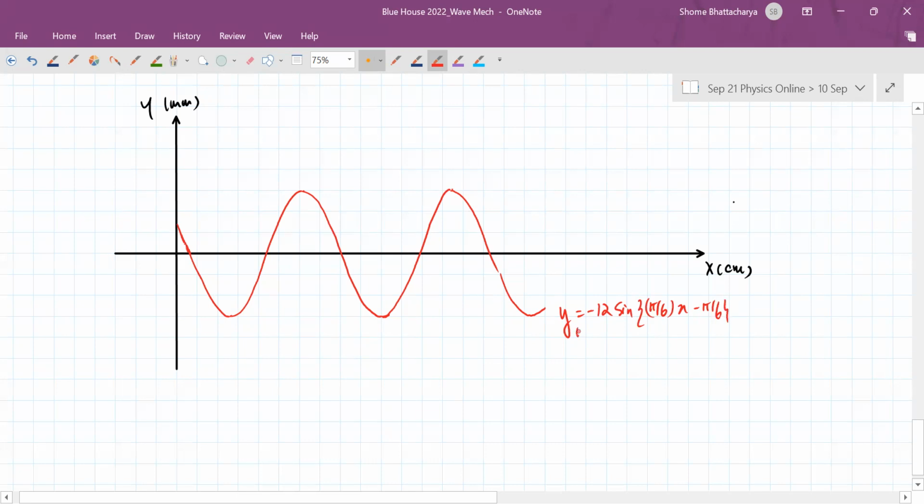So this was at t equal to 0. So this point here was 1, this point here was 7, this point here was 11, sorry, 13. So 6 millimeters minus 12 plus 12.